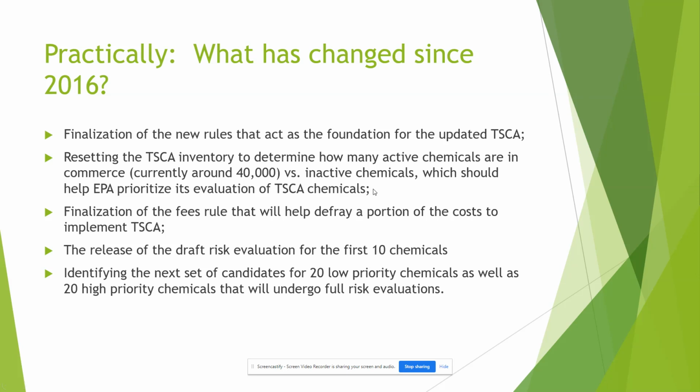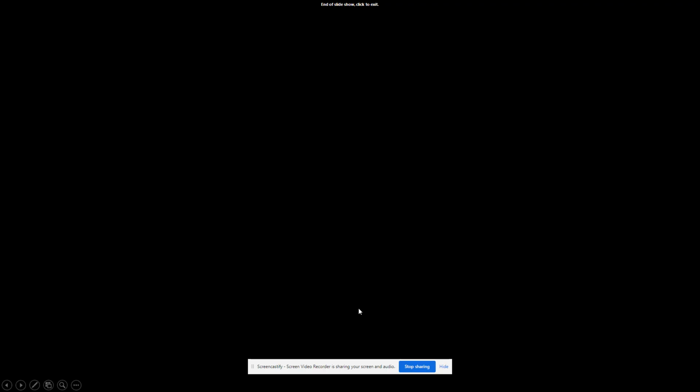And that will help. Making the list shorter should help the EPA prioritize how it can evaluate existing active TSCA chemicals, fee information, and identifying the next set of candidates to undergo full risk evaluations.